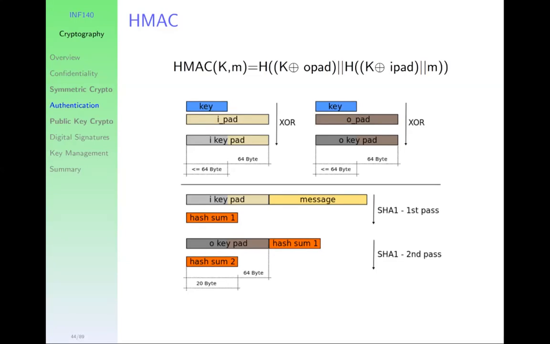For this SHA-1, because the output has 160 bits, it's 20 bytes. That's how HMAC works with SHA-1. There are some other revisions of HMAC. This one is quite neat, and it was used in many applications.